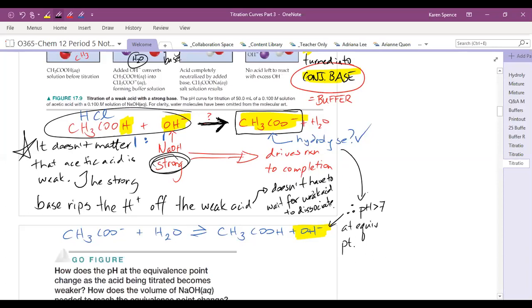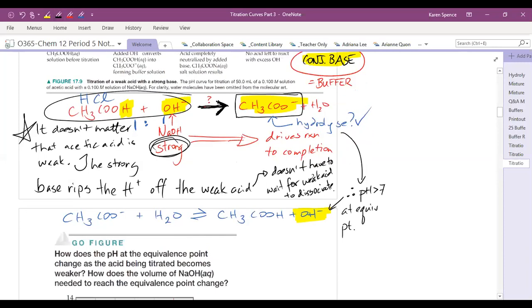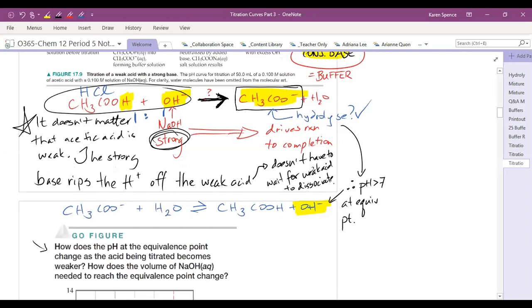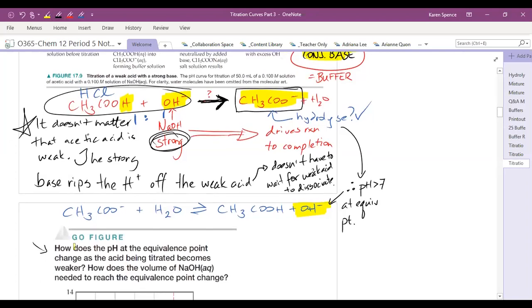Okay. Whew. All right. How does the pH at the equivalence point change as the acid being titrated becomes weaker?